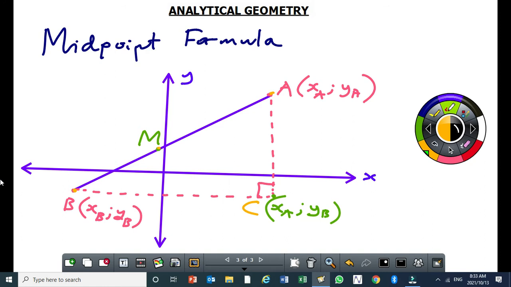If I want to calculate the midpoint of this line, it means I may need to know what is the x value here. Sorry, the y value here. Right? And I also need to know what is the x value there. Am I right?